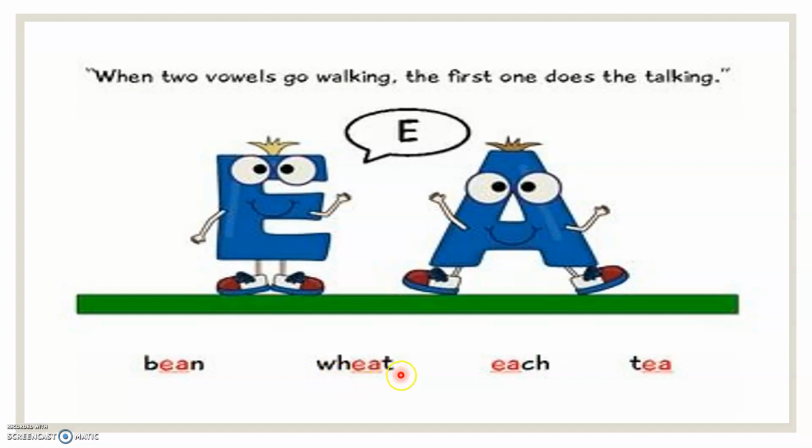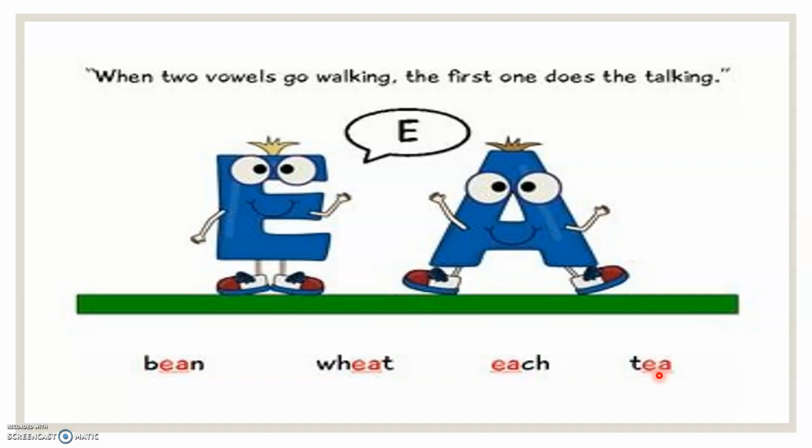What about this word, for example? It's wheat. How many vowels do we have? Two vowels, E and A. The rule says when two vowels go walking, the first one does the talking, which means that we're going to hear the first vowel name, right? So wheat, each, tea. So this is the main rule.